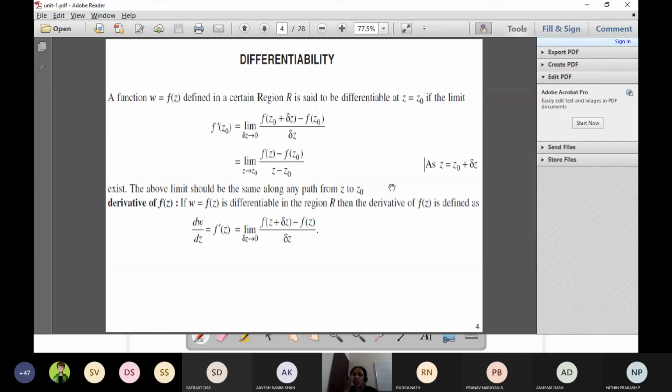Normal differentiation definition holds good. You remember we would have written f dash of c as limit x tends to c, f of x plus c minus f of x divided by small c. That change I have written here in terms of del z.